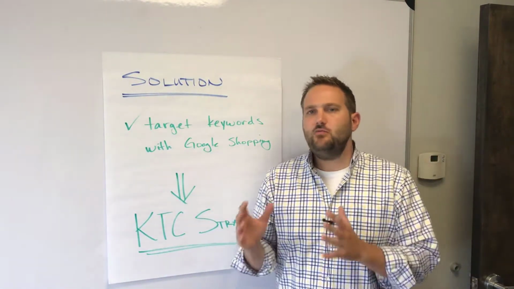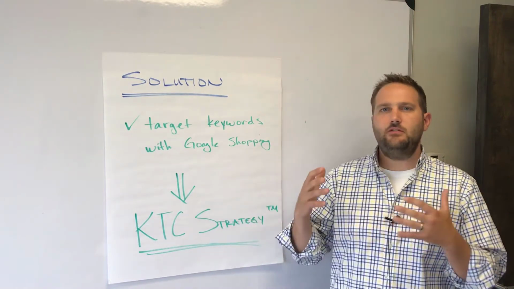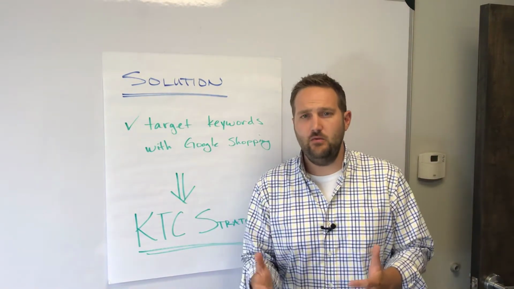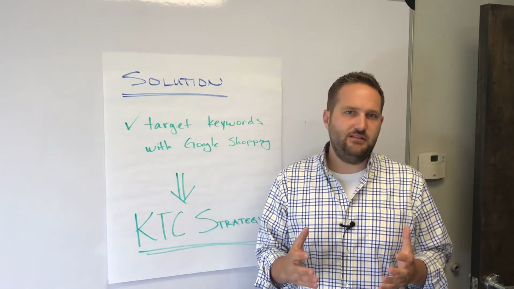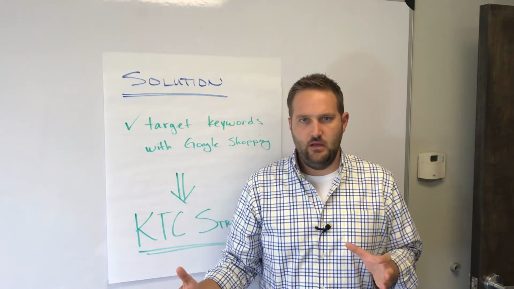So this is why we created our KTC strategy and software. It allows us to create campaigns for specific keywords by using a complex system of campaign priority settings and negative keyword lists, okay?